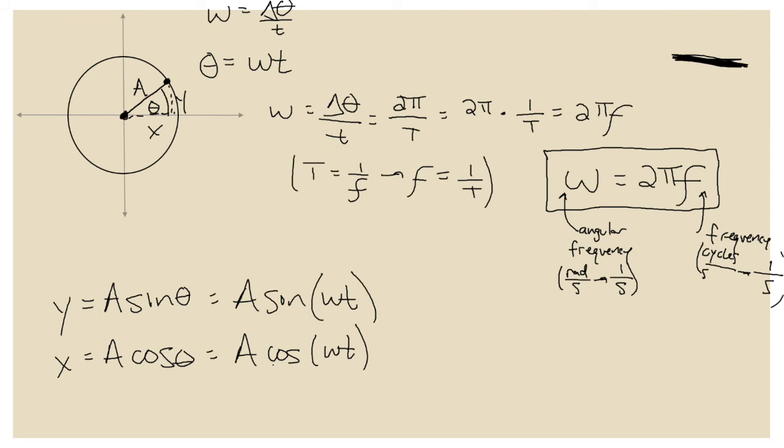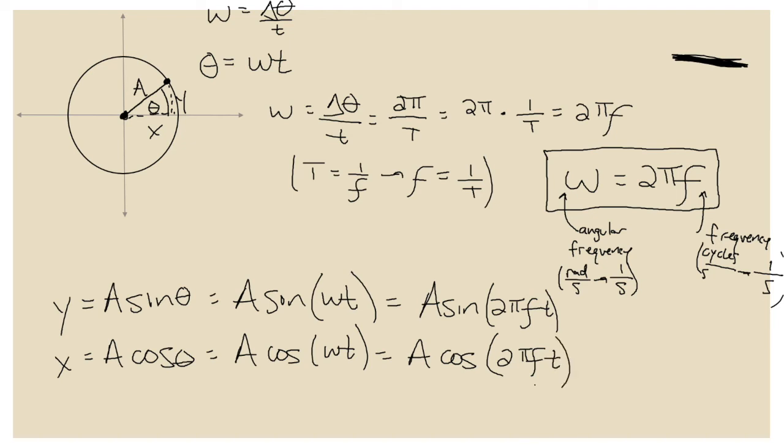And of course, because omega is equal to 2 pi f, we can rewrite this further as A times sine of 2 pi f times t and A times cosine of 2 pi f times t.